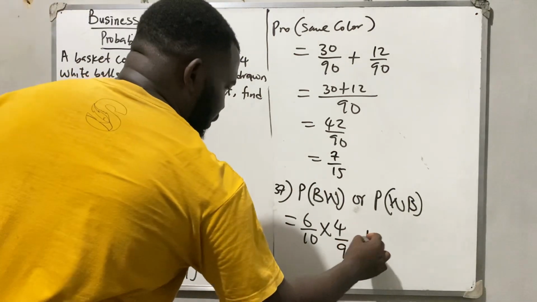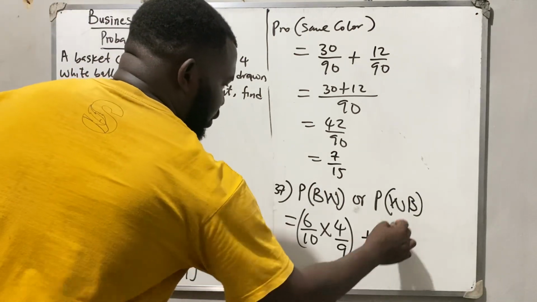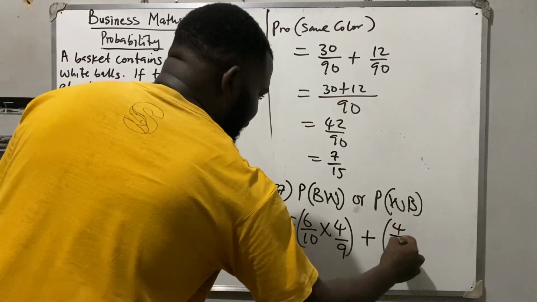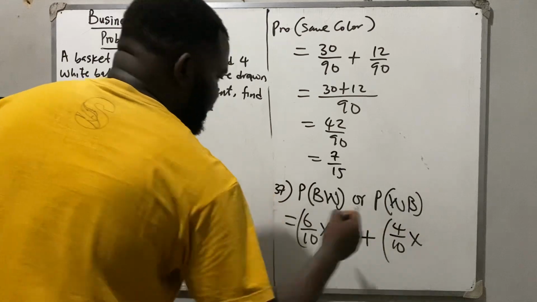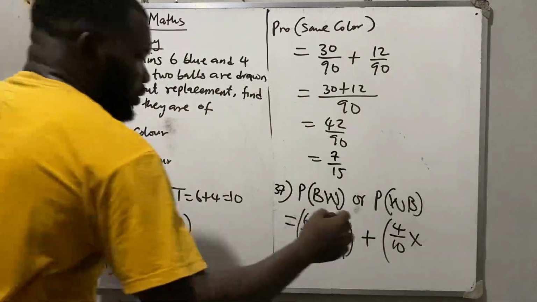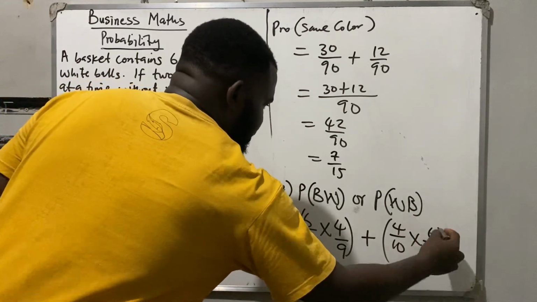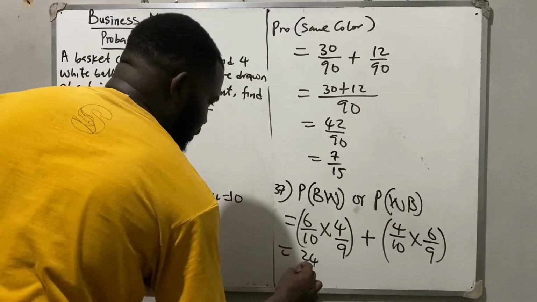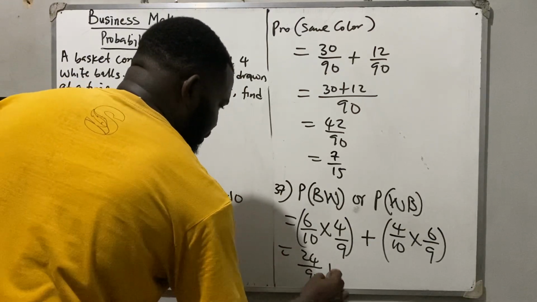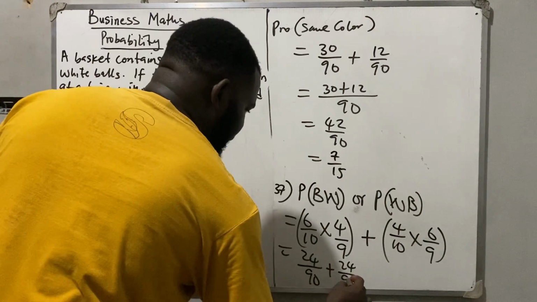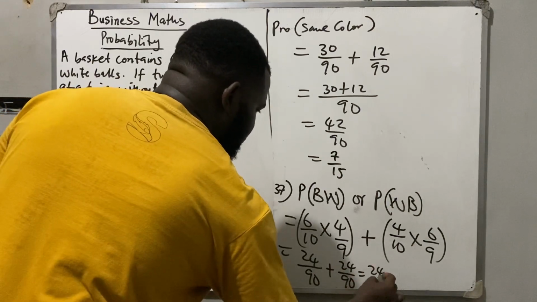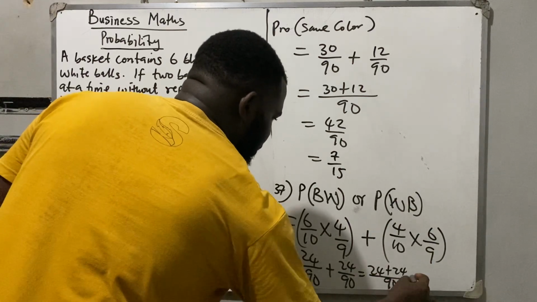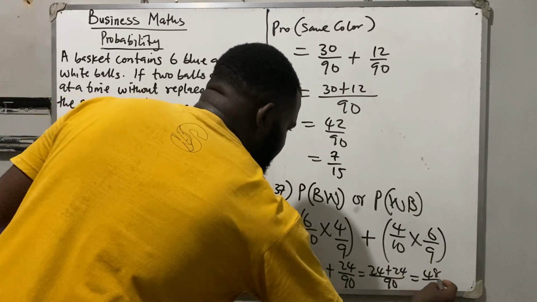Or means plus. So we come here again. Probability of picking white is 4 over 10, they are still complete. And if you now pick the next one, it becomes blue, that is 6 over 9. So this time, 6 times 4 is 24 over 90 plus another 24 over 90, which gives 48 over 90.